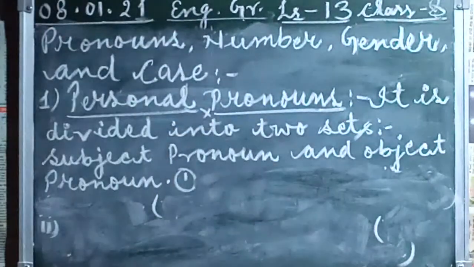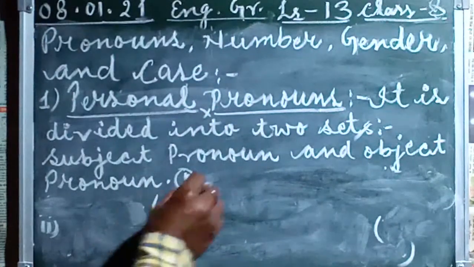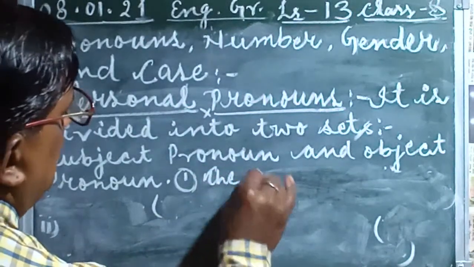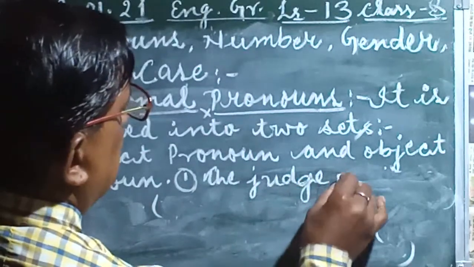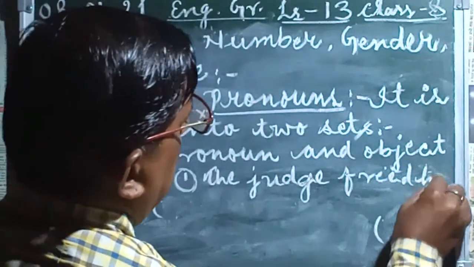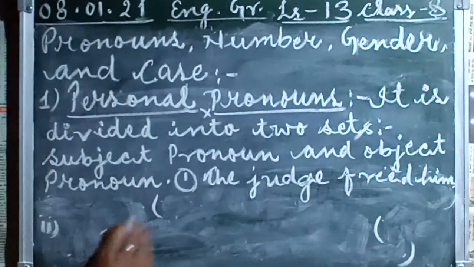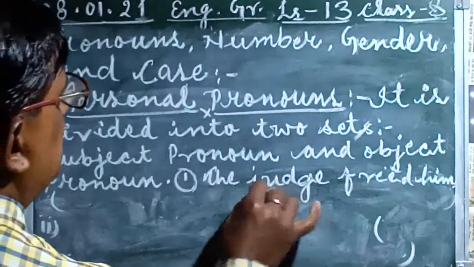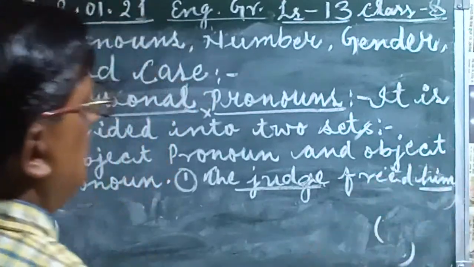Number one, children: the judge freed him. In this sentence, the judge is the subject and him is a pronoun.